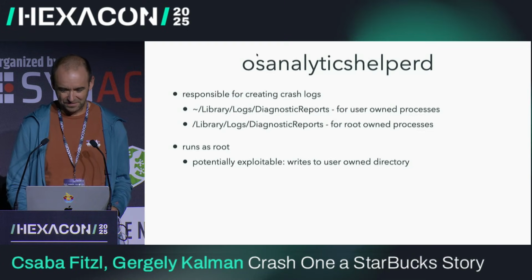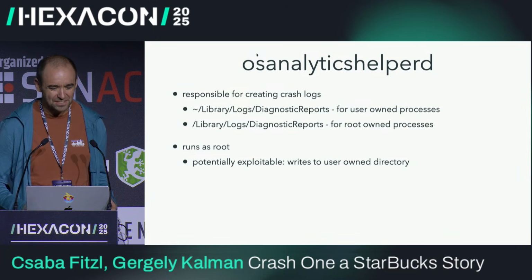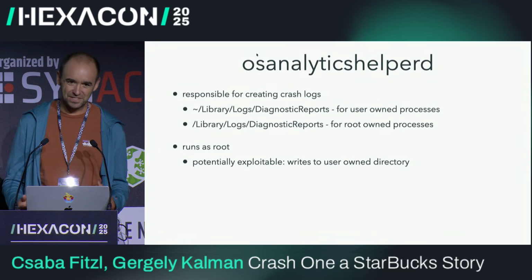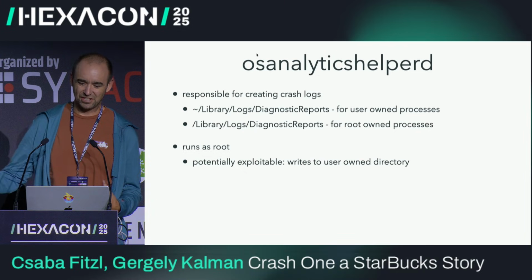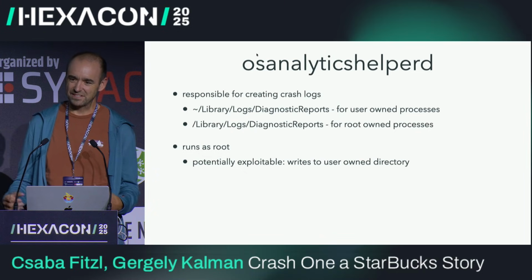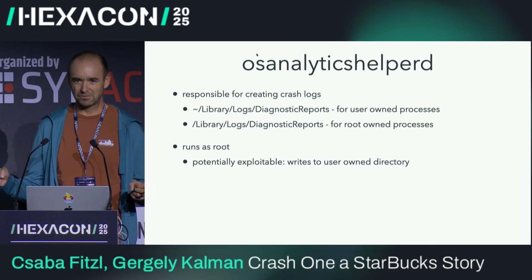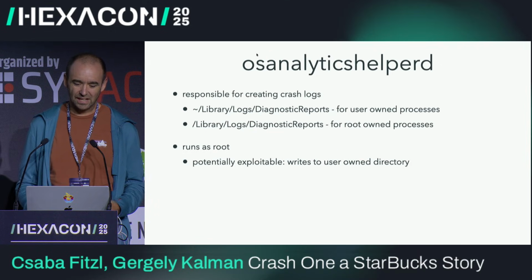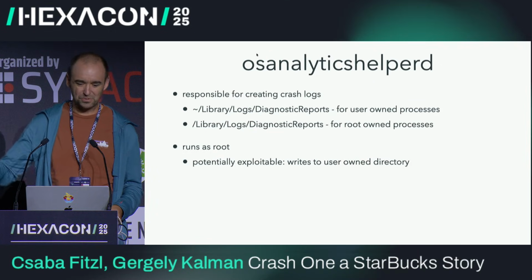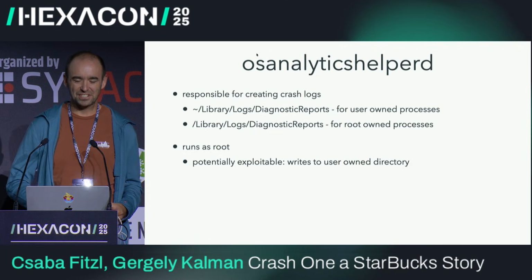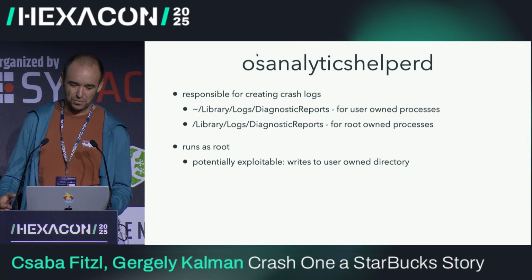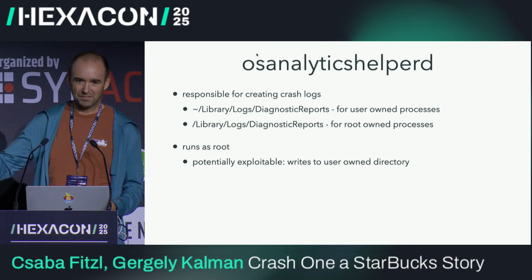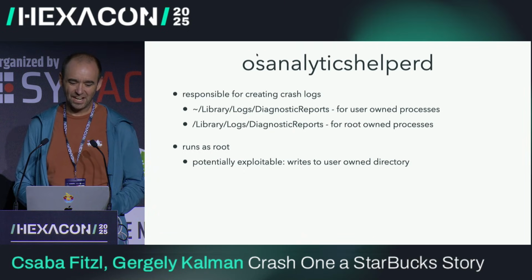So what was that? We found this OSAnalyticsHelperd process, which is a helper daemon to write out process crash logs. Now, if a process is crashing and the process is run as the user, then the crash log will be written into the user home Library/Logs/DiagnosticReports directory. And if the process was running as root, it will be written to the main Library directory.